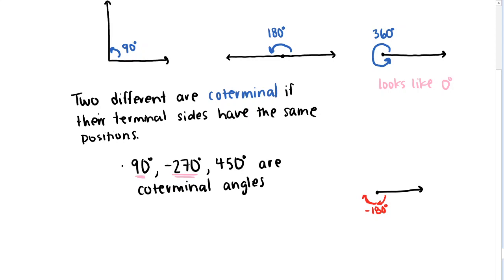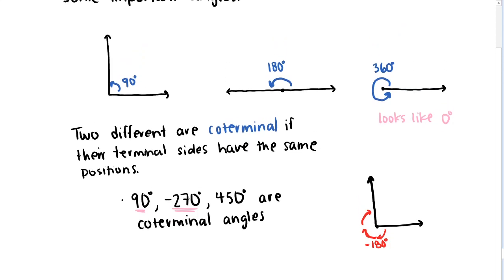Then negative 270 is negative 90 tacked on to negative 180, so we have another quarter turn. At the end of the day, our terminal side ends up here. This angle looks a lot like our 90-degree angle, and so we call these two angles coterminal.